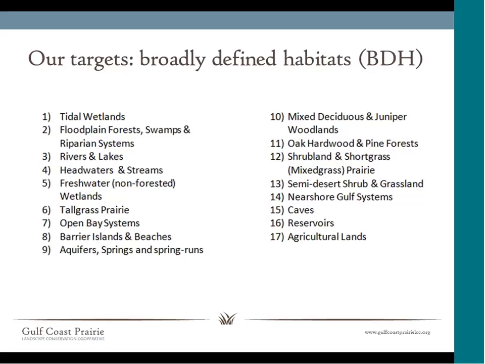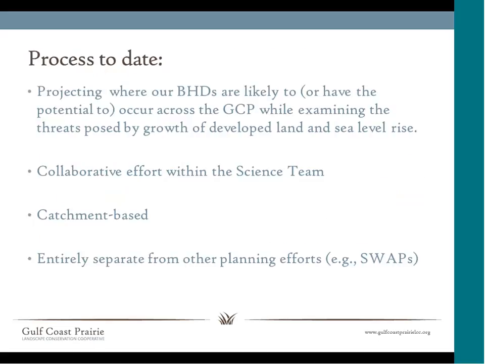So for the Coarse Filter, our targets are primarily these broadly defined habitats. The process we've used to date is essentially to project where our broadly defined habitats are likely to or have the potential to occur across the Gulf Coast Prairie while examining threats posed by growth of developed land and sea level rise.